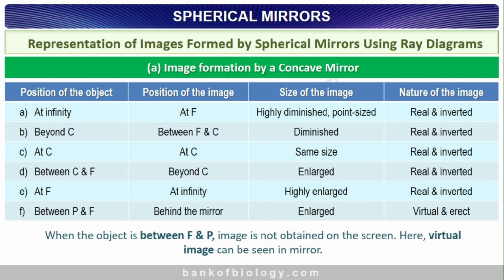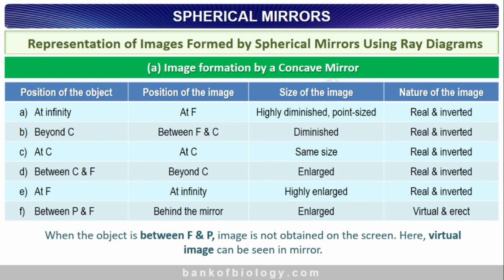At infinity, the image will be at the focus, highly diminished, point size, real and inverted. When the object is beyond C, the image will be between the focus and the center of curvature, diminished, real and inverted. At C, the image will be at C itself, the same size, real and inverted.